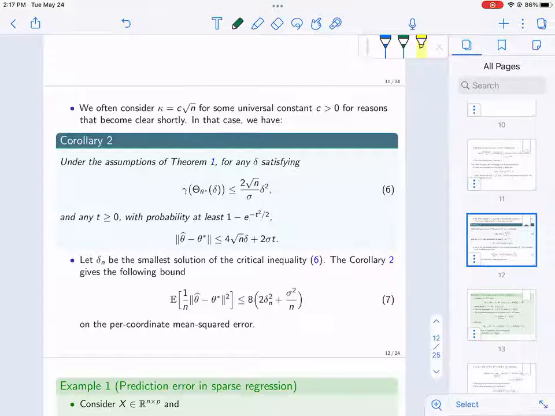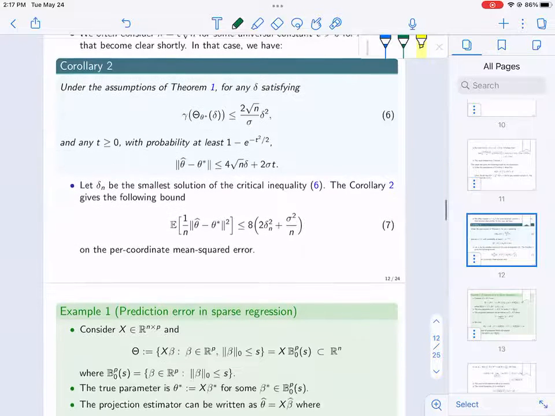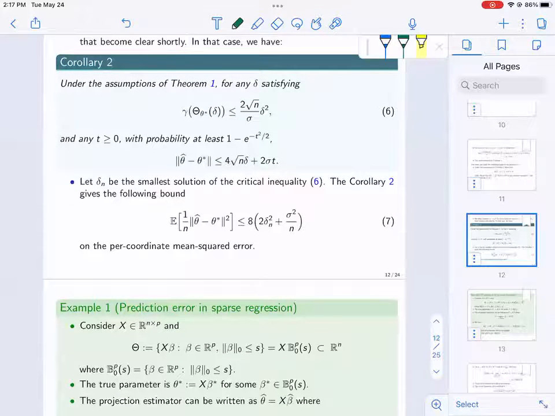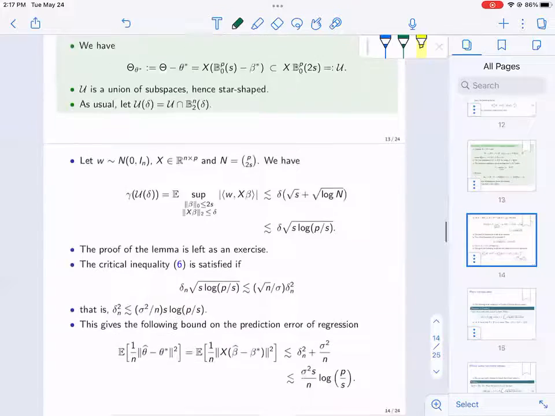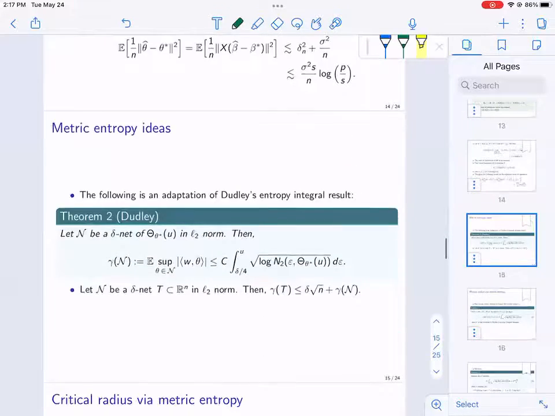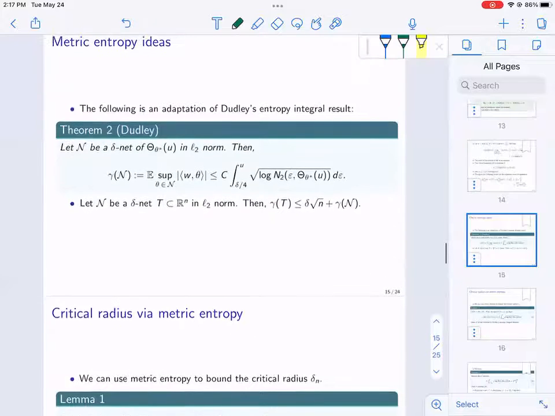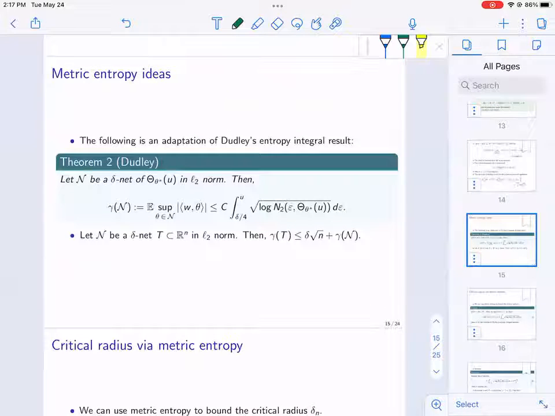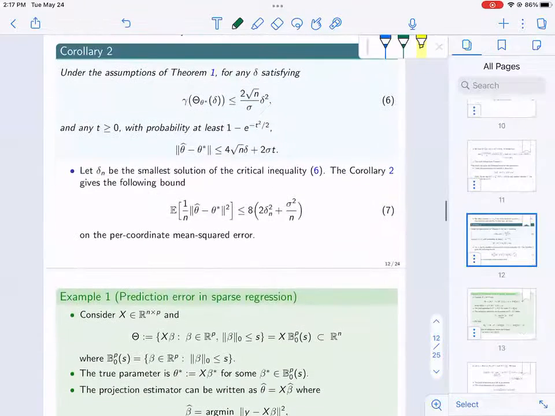So if you recall what we did here, we want to use these metric entropy ideas. Just to remind you, we can directly control this Gaussian complexity.